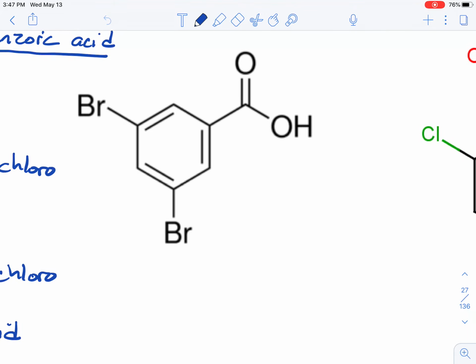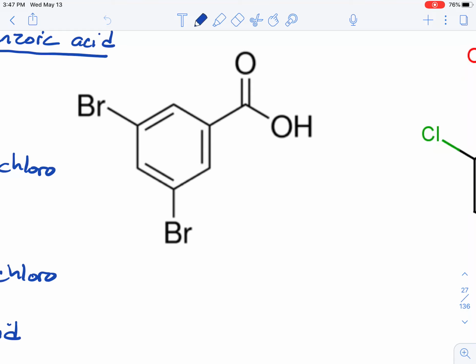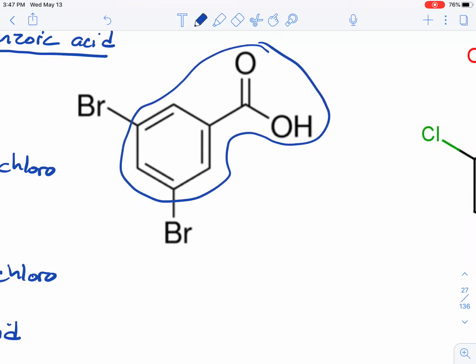So let's go ahead and name this compound. Here I have my benzene ring with my carboxylic acid. This whole area is going to simply be named benzoic acid, with this carbon as carbon number 1.